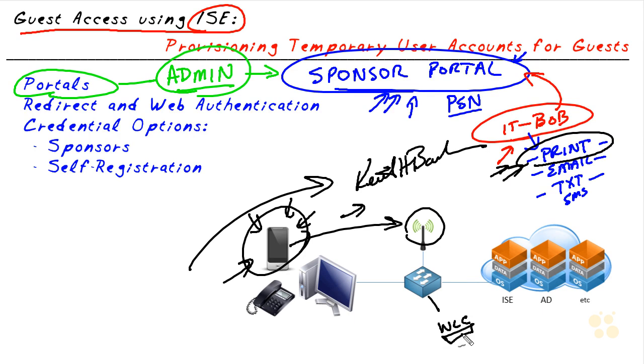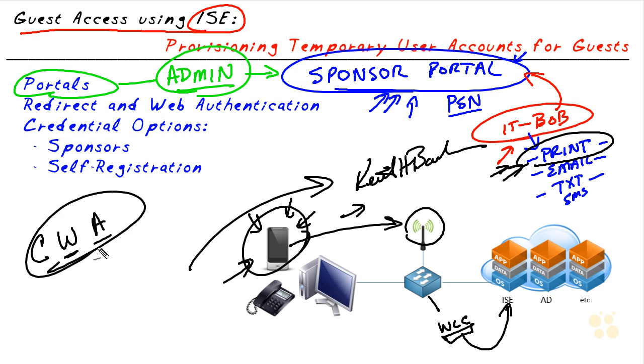And that wireless LAN controller is being used in conjunction with ISE. And at this point, it's simply going to be centralized web-based authentication. And we have a separate nugget on centralized web authentication that's titled Web-Based User Authentication that you can refer to go through the exact steps of setting up that centralized web authentication.